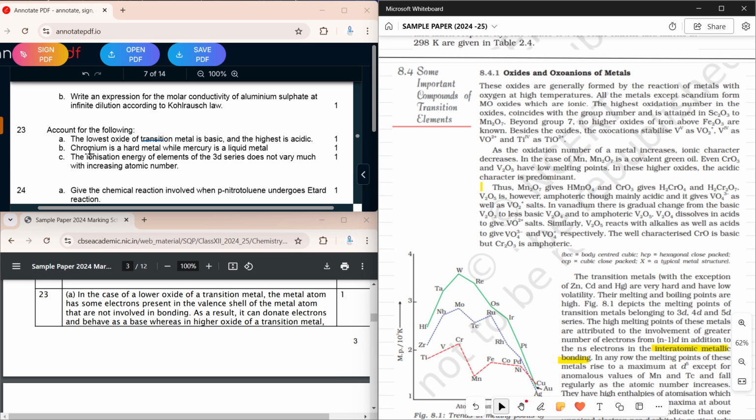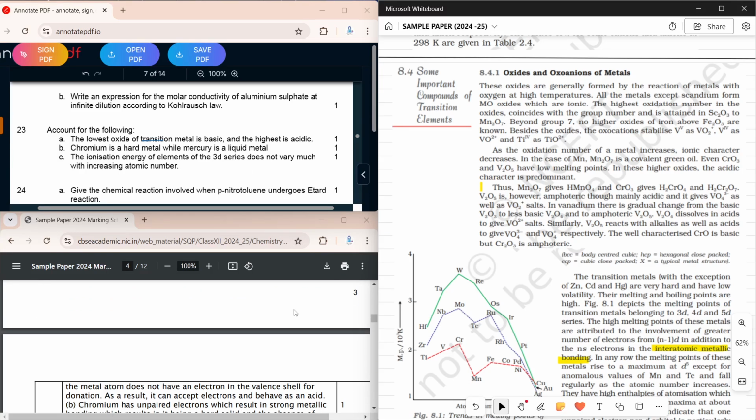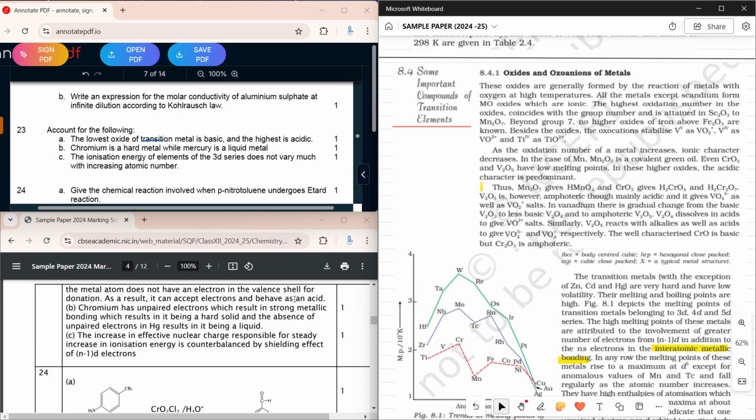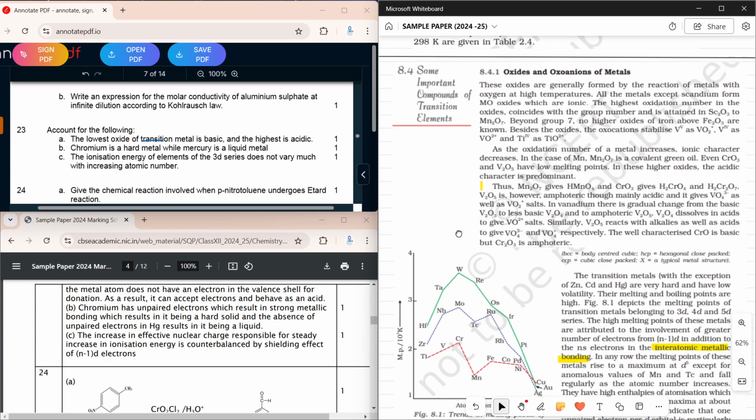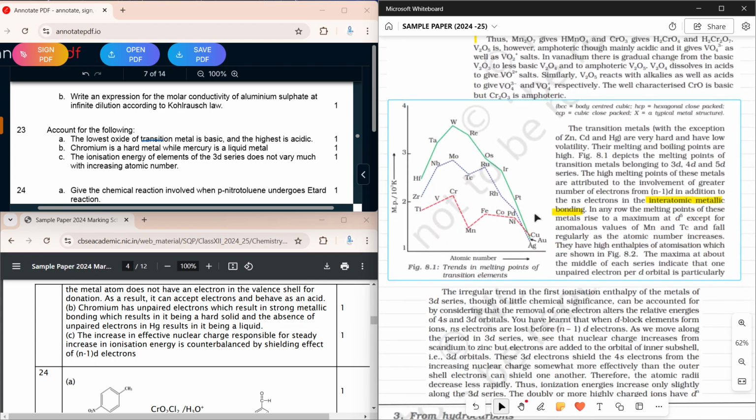So the next question. Chromium is a hard metal while mercury is a liquid metal. We obviously know mercury is the only liquid metal. And the reason chromium is a hard metal is because of interatomic metallic bonding. There is metallic bonding between the atoms.